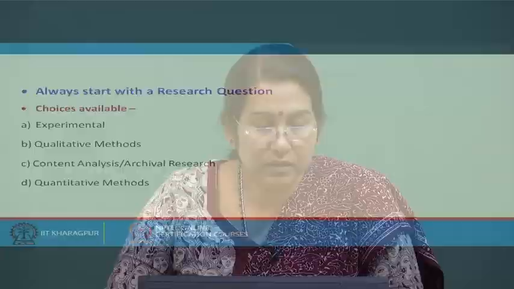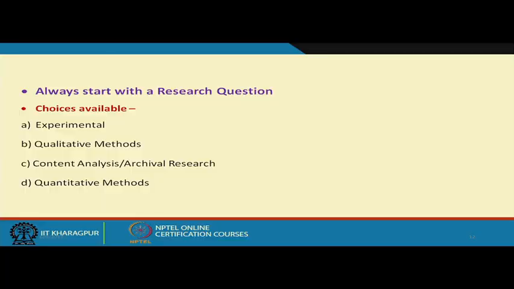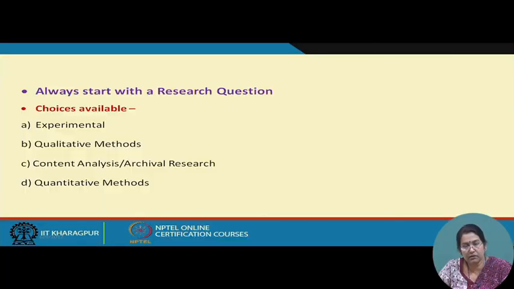When we are selecting a research question, we have to map it in terms of selecting the right research method, the tools, the techniques, and getting the sample. When framing the research question, we have to verify what choices are available for studying this research objective.